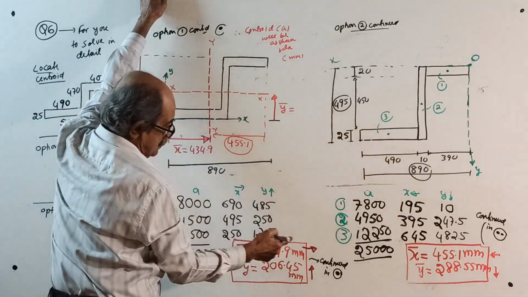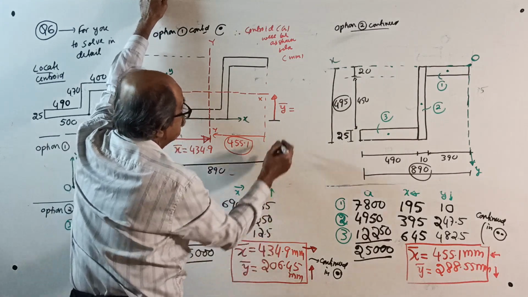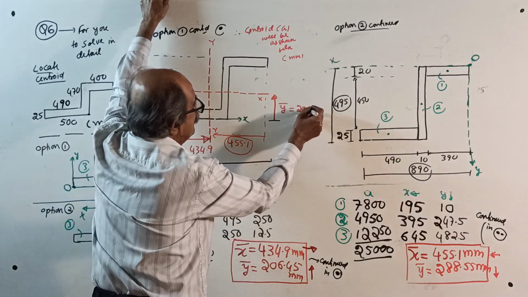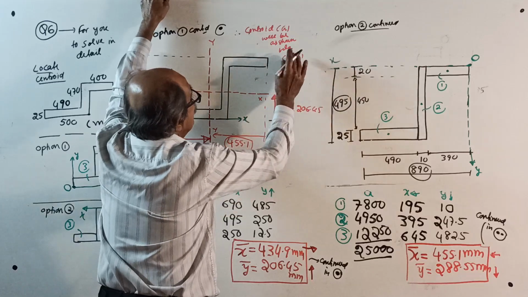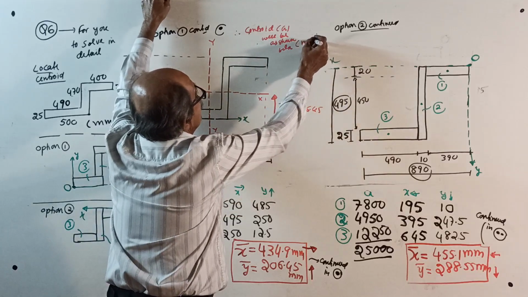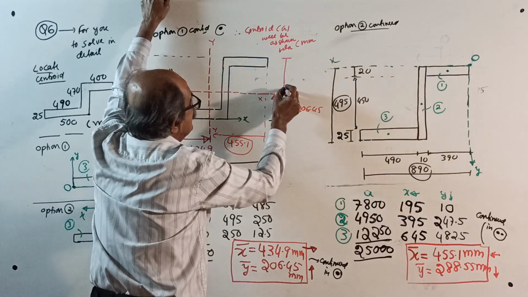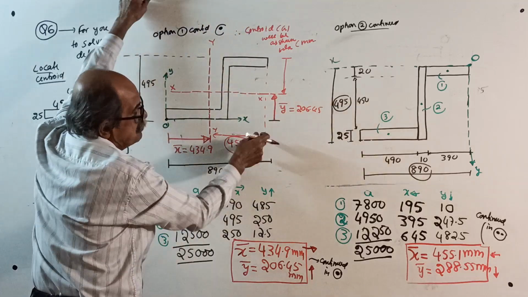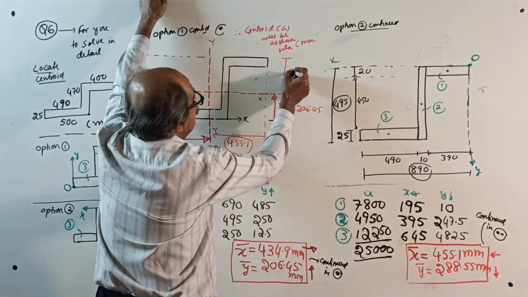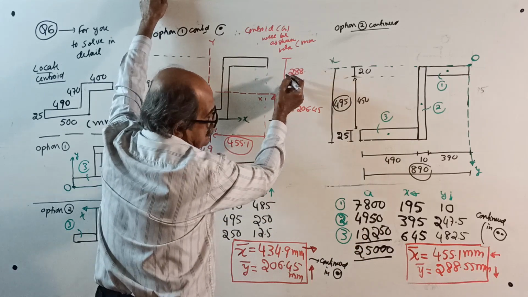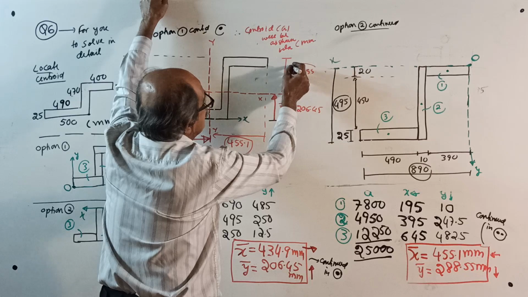How much y bar? 206.45. Those who want millimeter, remove the 0.45. Millimeter. Okay. From here, if you want, from 495 subtract it. I know the answer there, 288.55 is the answer from there.